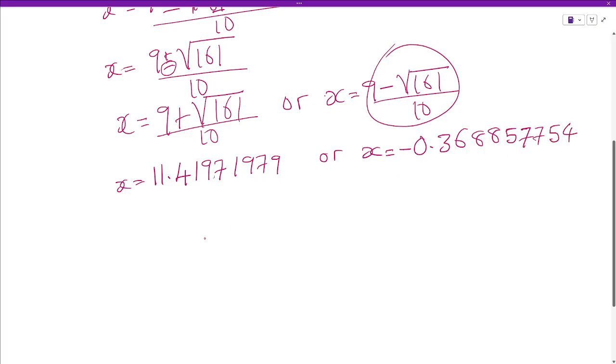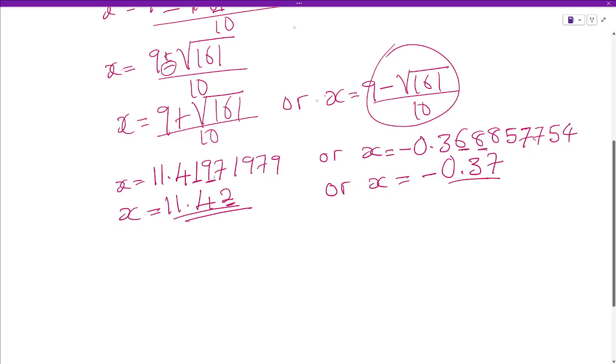So meaning x is equal to 11.42. This 9 will round the 1 upwards, it becomes a 2. Okay, so that's our final answer there. Or x is equal to negative 0.37. This 8 rounds up the 6 upwards.